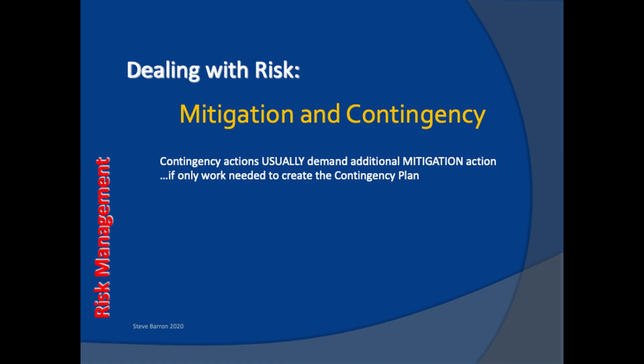For example, if an identified risk suggests that a subcontractor might be experiencing difficulties in completing their contract, the contingency might be to switch to another contractor. Mitigation actions would include prior negotiations with the new contractor to fix favorable prices and delivery dates.